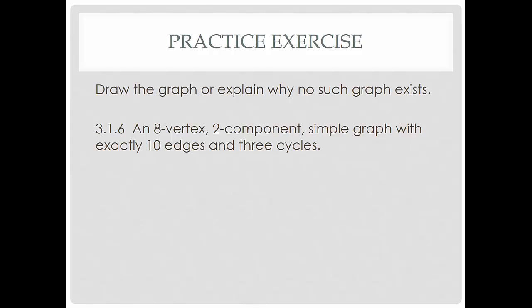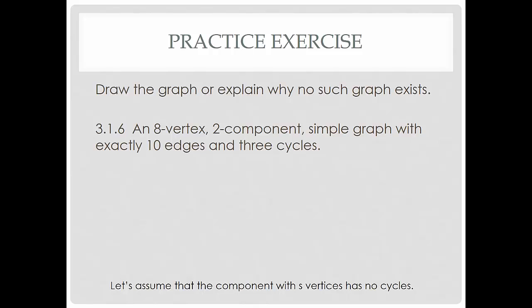Now, it has to have 3 cycles. And since these are different components, the cycles have to be contained inside the components. So either there are no cycles in one and 3 in the other, or there's 1 cycle in one and 2 in the other. So let's assume, for our first case, that the component containing S vertices has no cycles.